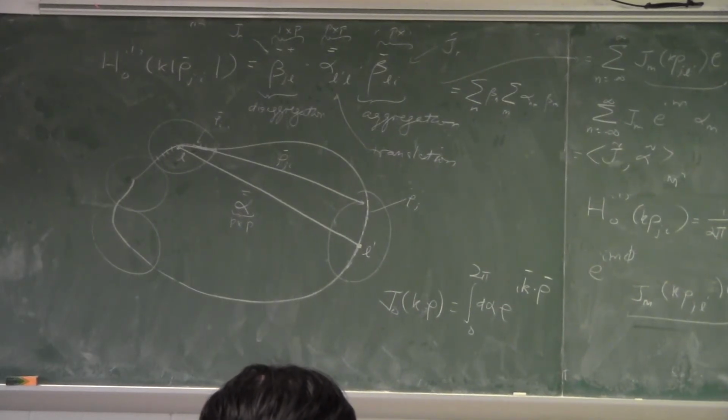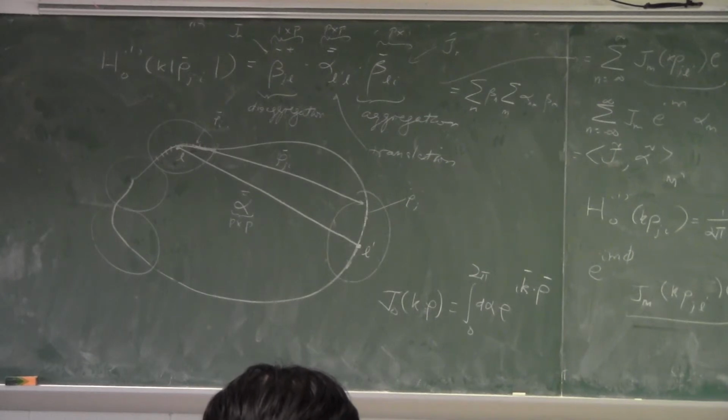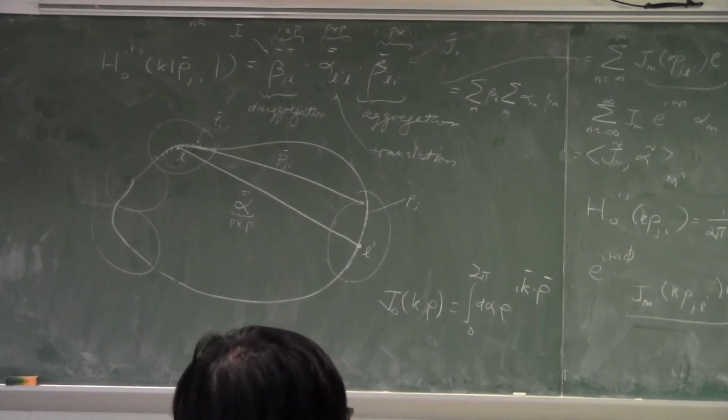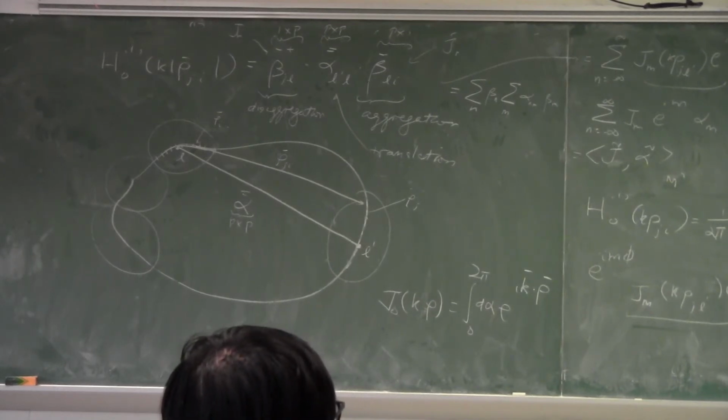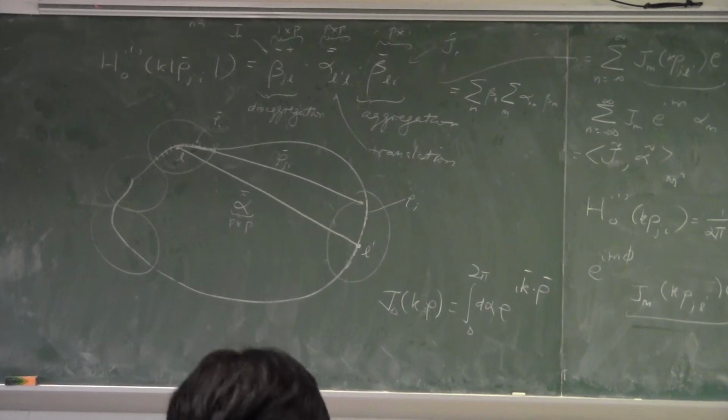Something like this, delta alpha, beta Q, alpha Q, delta alpha, beta Q, delta alpha. If I look at this thing, I only have one summation.